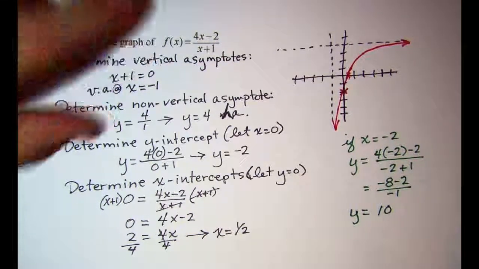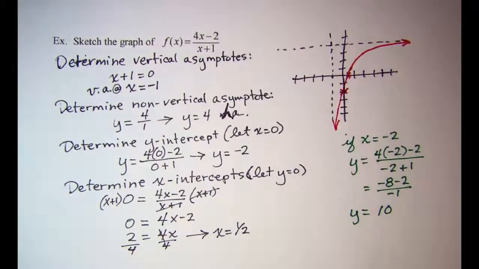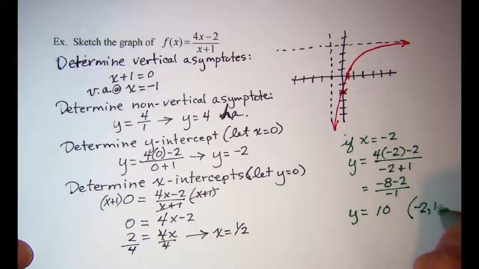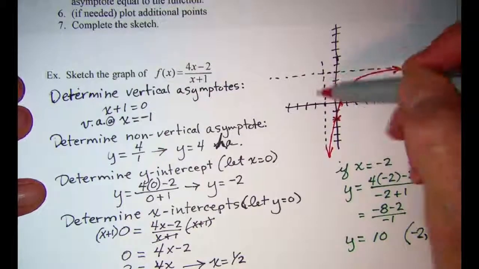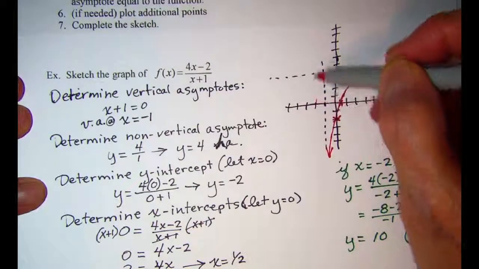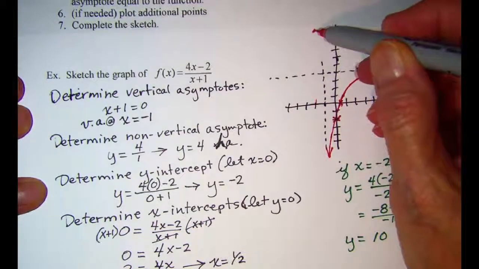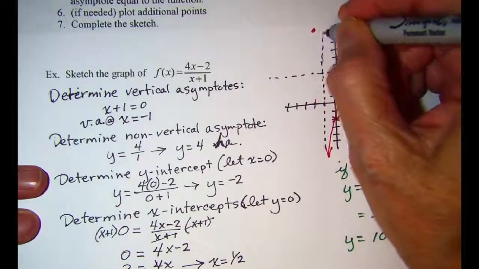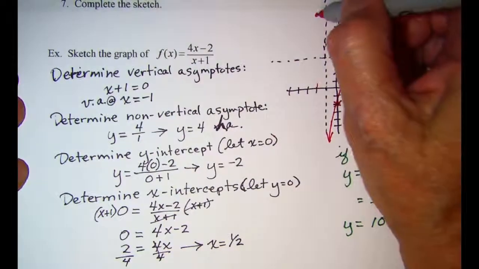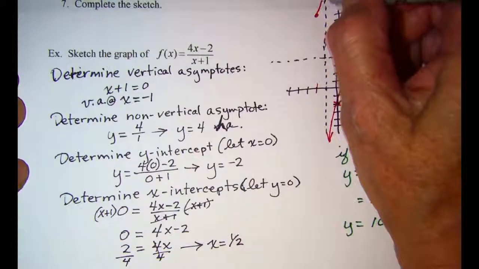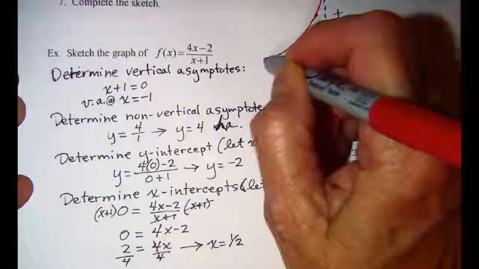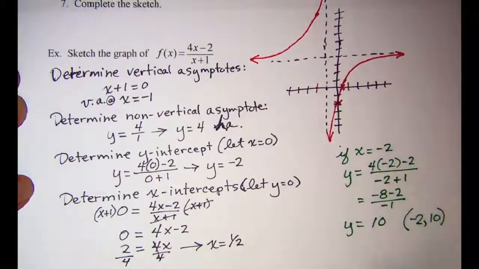So y equals 10 is going to be a point on my graph. So when x is -2, y is 10. Let me extend my vertical asymptote a little more so we can see. So it looks like I'm going to have to go up, hug the asymptote going up, and then hug my horizontal asymptote coming this way.